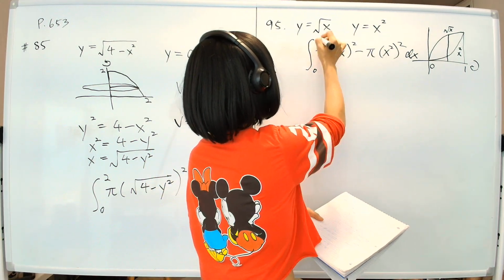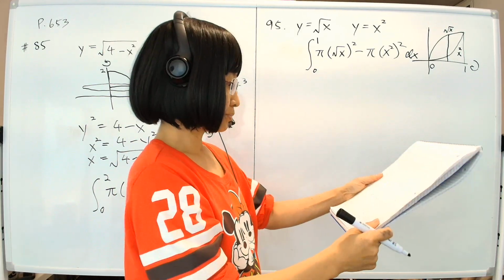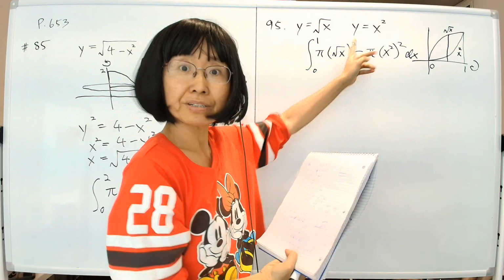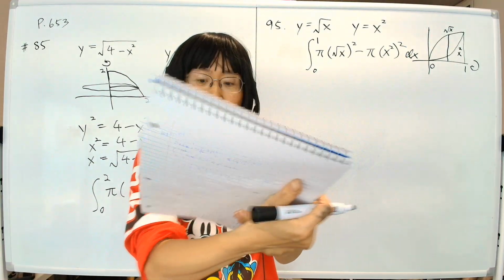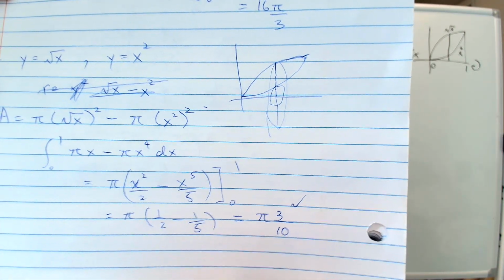This is again a simple integration, because the square root got squared to just x. That's x to the power of 5. And when you get it all through, you get the answer, which is pi times 3 over 10. And that is the right answer.